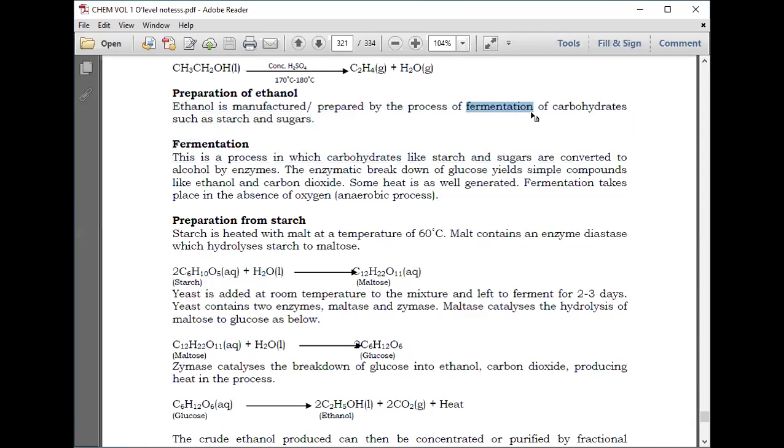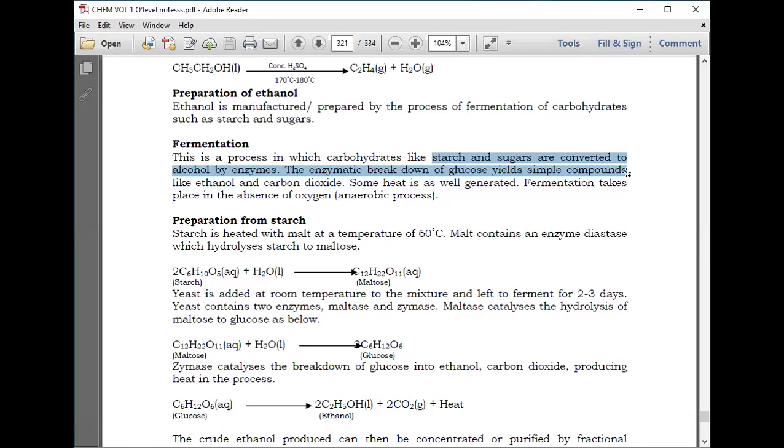So what is fermentation? If I ask you to define fermentation, what do you say? Fermentation is a process in which carbohydrates like starch and sugars are converted to alcohol by enzymes.